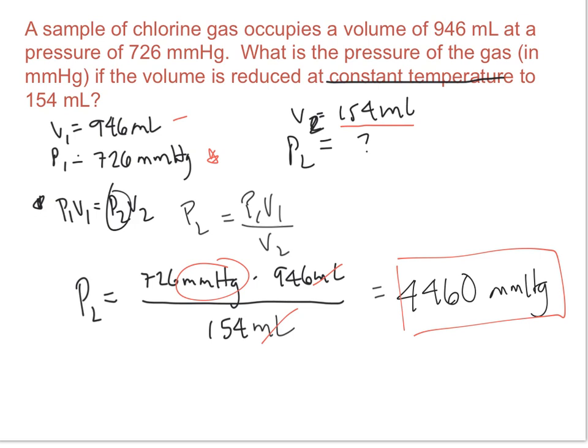If we make the container smaller, basically those gas particles are going to bump up against the sides of the container more frequently, and subsequently your pressure value will be higher. So this is what we anticipate, and this is what we actually see. The 4,460 millimeters of mercury is quite a bit larger than 726 millimeters of mercury. So in terms of the magnitude change that we see, it makes sense.